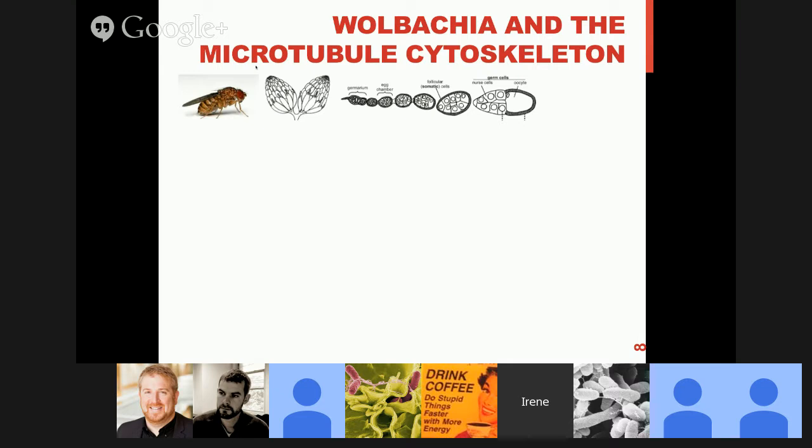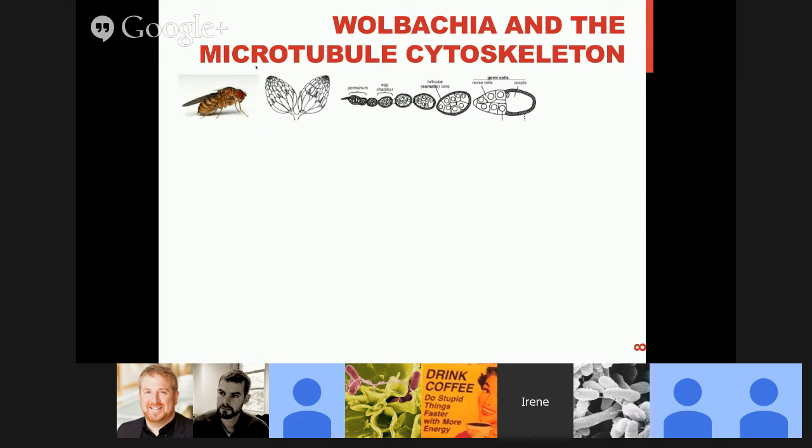And if you tease apart those bunches of grapes, you will find these little beads on a string, these ovarioles or egg chambers, where you can see different stages of Drosophila oogenesis, one next to another, so these progressive stages of development, starting with the germarium, which is home to the stem cells and the stem cell niches, and going all the way down to the mature egg before it's laid by the female.